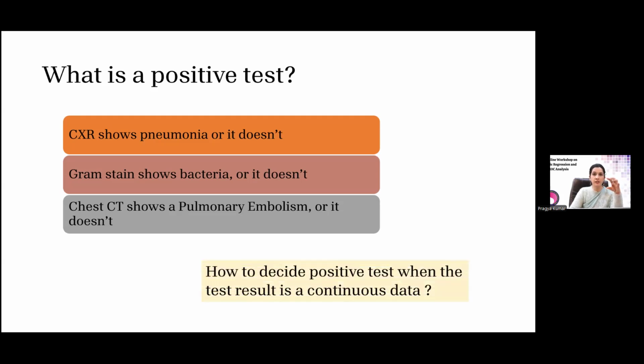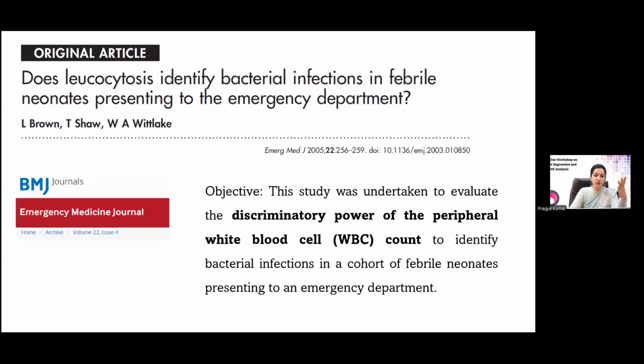But if something is quantitative, like a continuous variable, then how will you decide a positive test? Above which cutoff can you say that yes, this is a positive test, and the person who is coming with the disease and has this test result definitely has a probability of this disease?